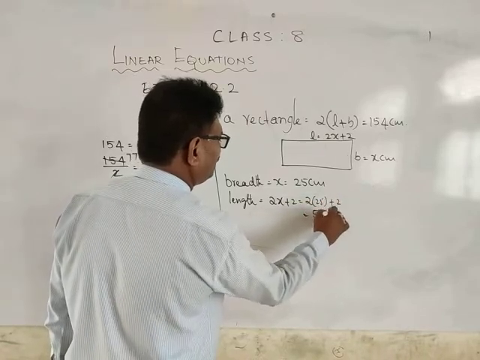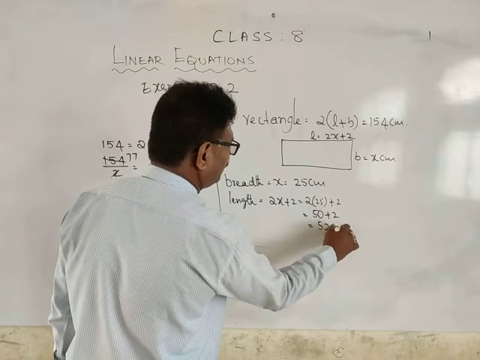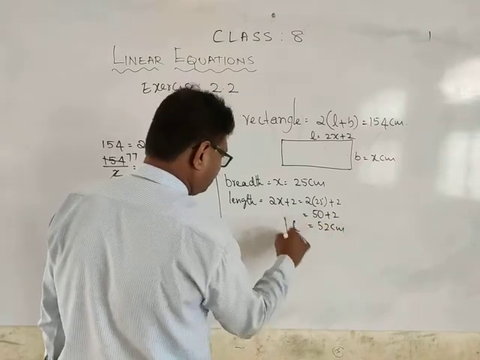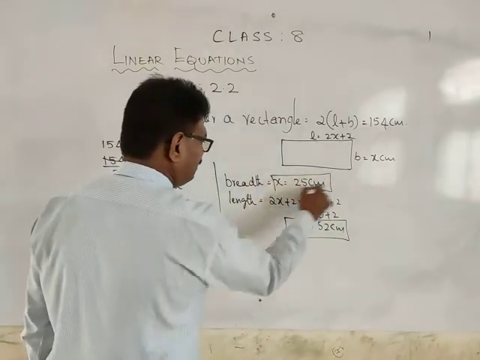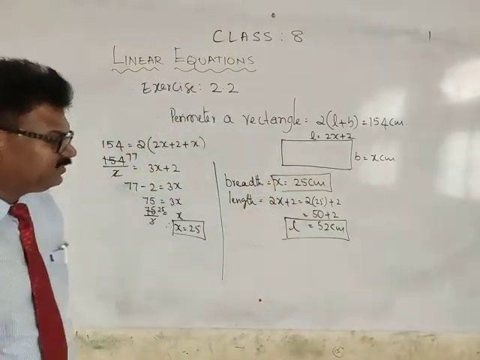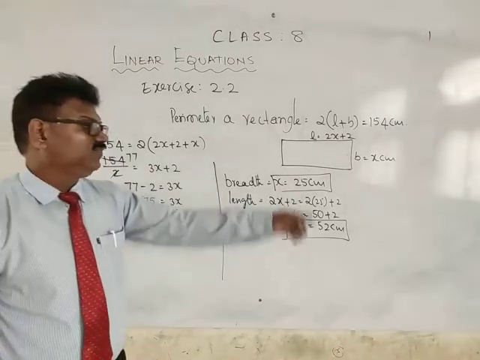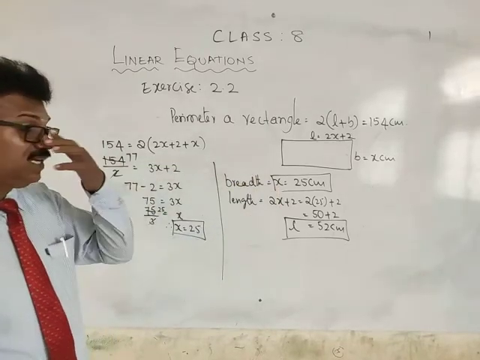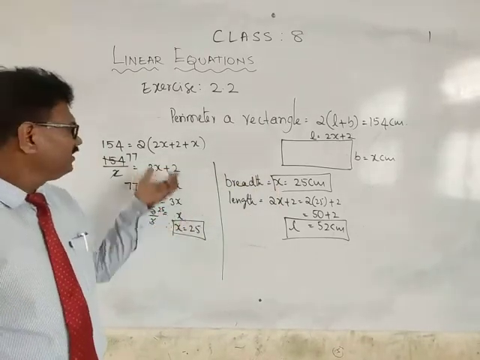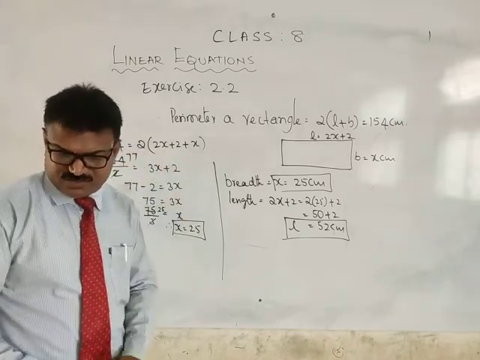So 50 plus 2, it is nothing but 52 centimeters. What is this? Length. So length is 52 centimeters and breadth is 25 centimeters. If you want, you can verify yourself whether it is correct or not. Clear? By substituting, you will get the same answer. Understood? Yes.